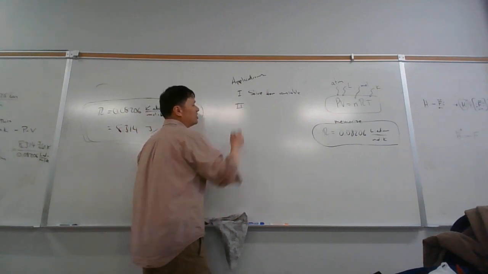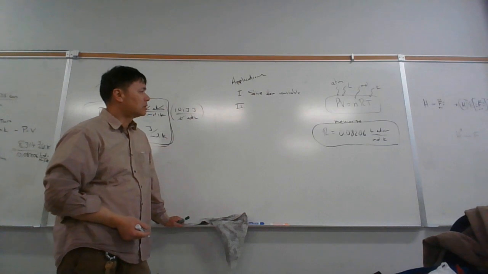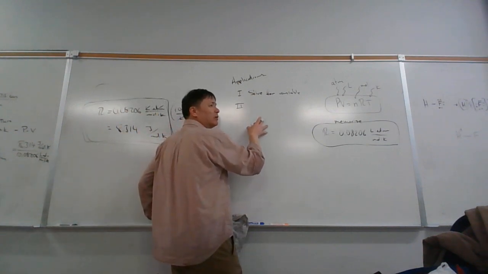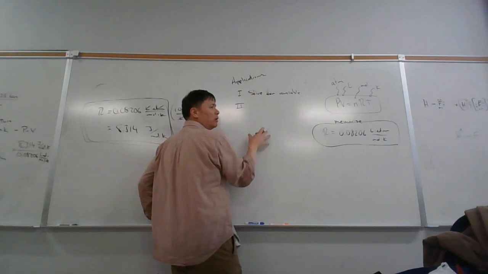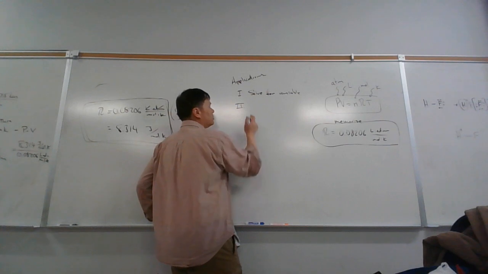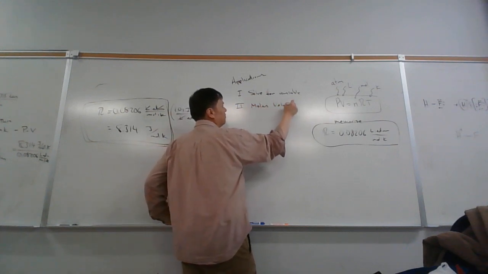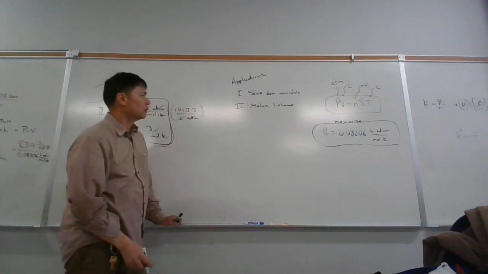The second application is, actually, I don't know if I'm going to go in order here. I'm going to go in order of how much you use it. And so the next most important application I think is molar volume. I use that a lot more.